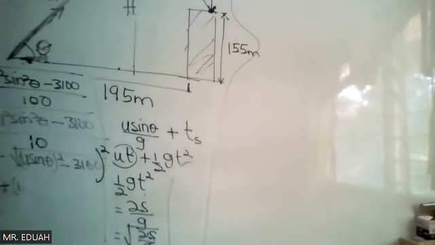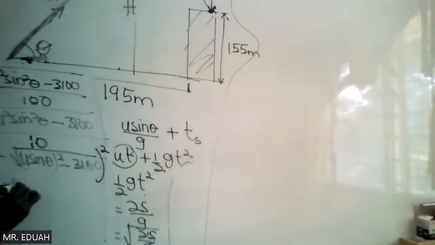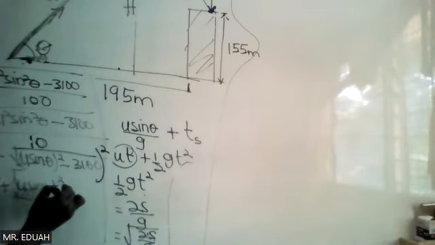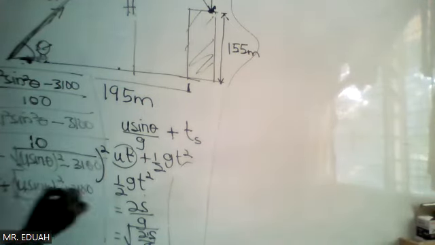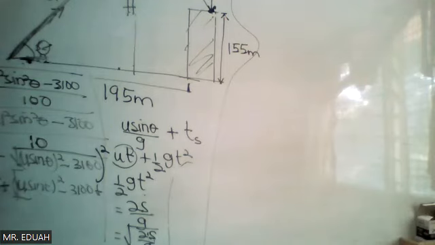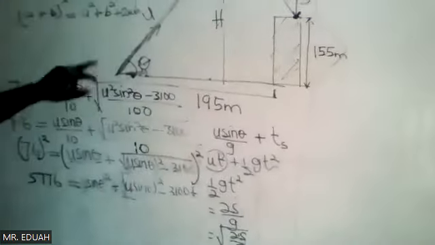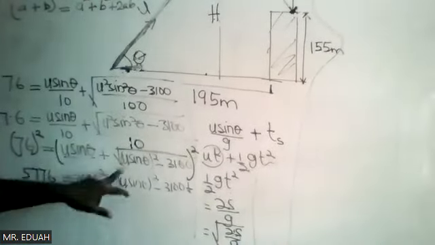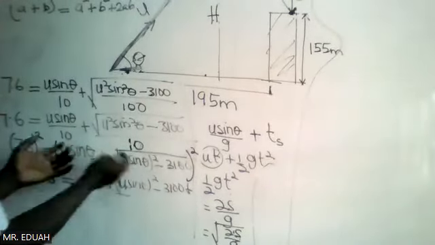Good. So when you square this, you eliminate the square root sign. So you have u sine theta squared minus 3,100 plus, as I said, in expanding something like this, a squared plus b squared plus 2 times ab. So we multiply 2 by all that we have within the bracket.